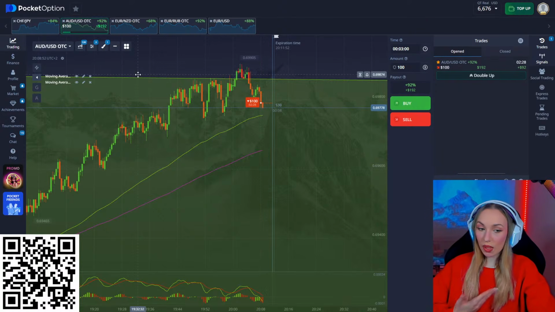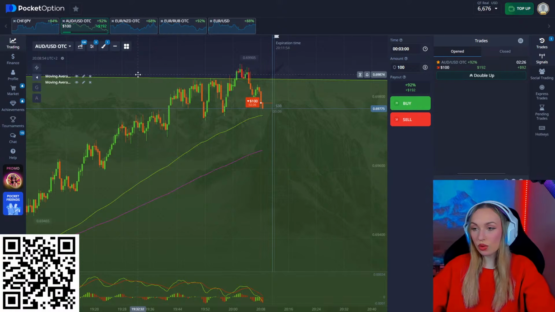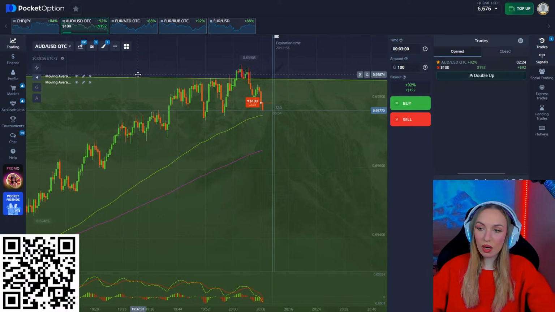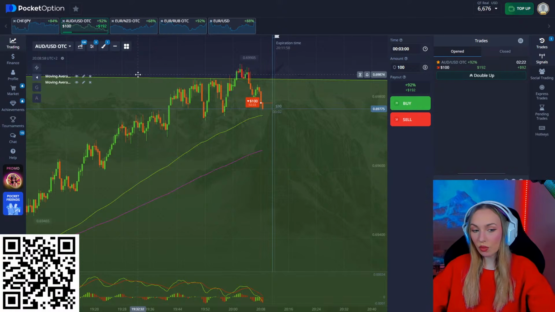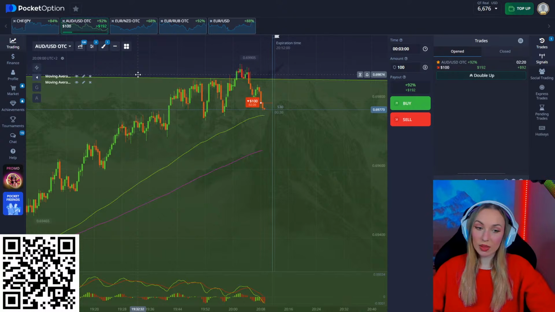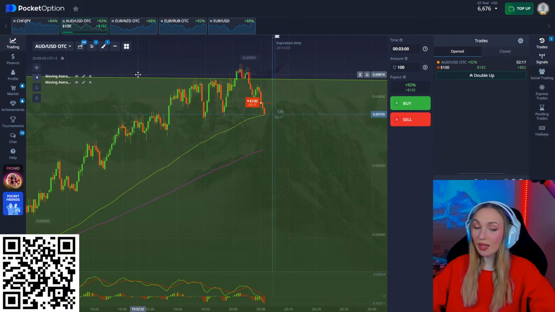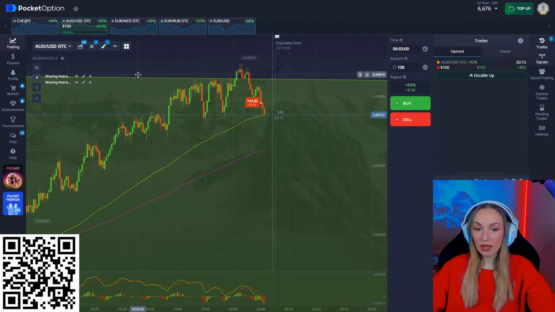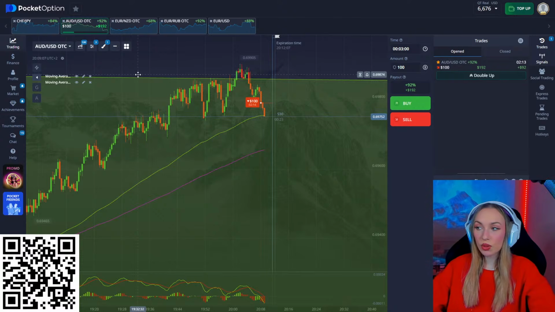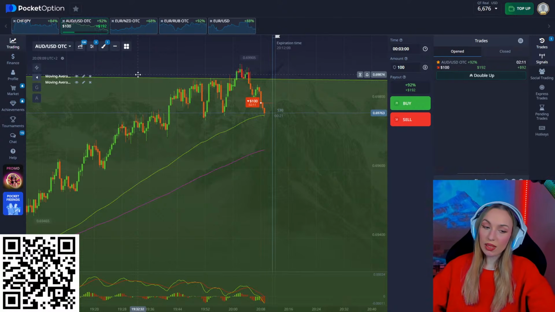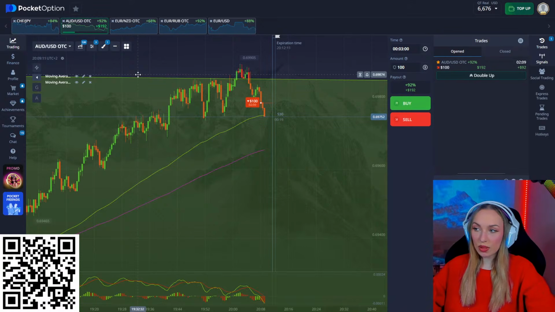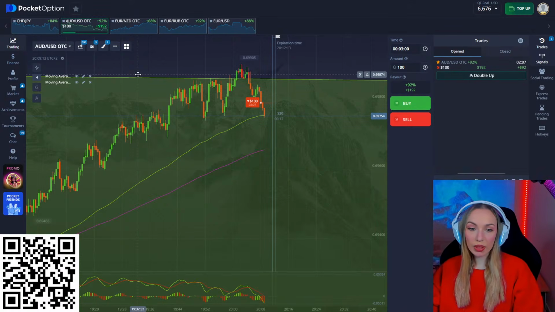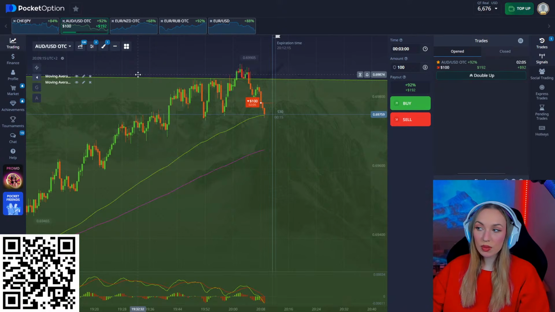So for example, when I was shooting the video for you guys on YouTube, the first trades I was opening with an expiration time of 5 minutes, and then the market changed and I started to open the trades for 3 minutes. Because the last trades I opened with 3 minutes were really successful, really profitable.